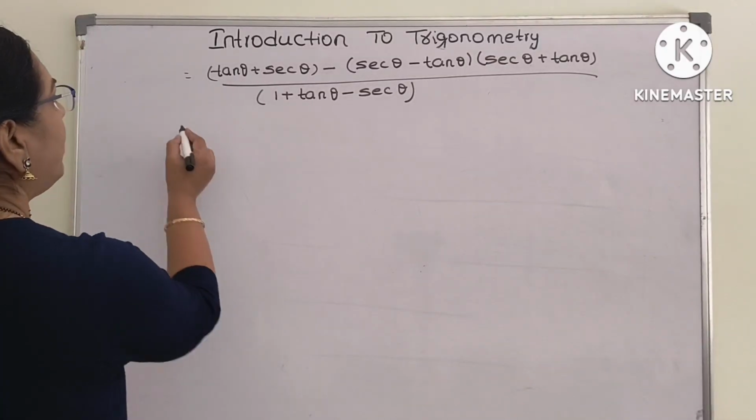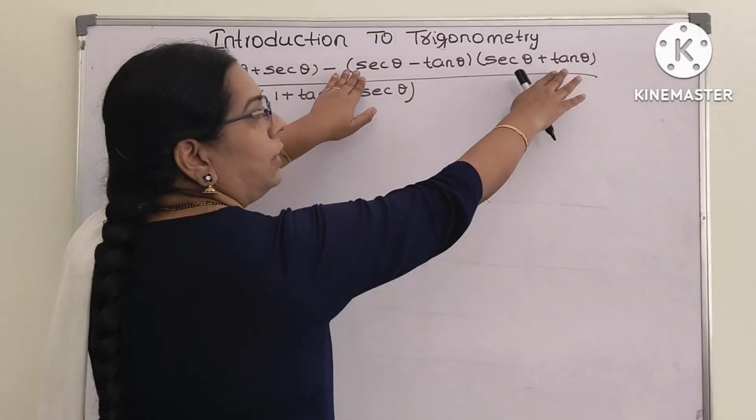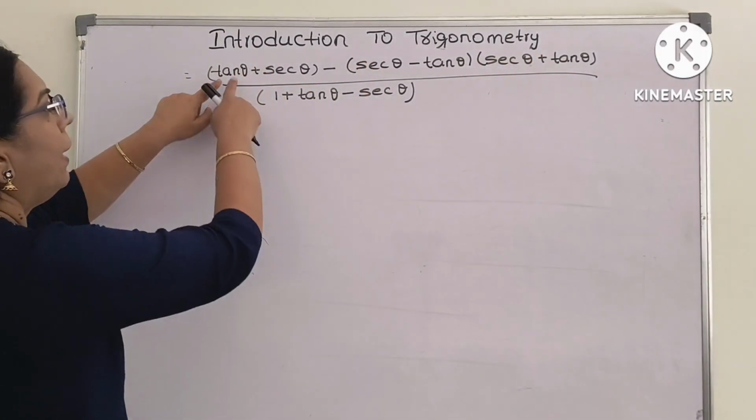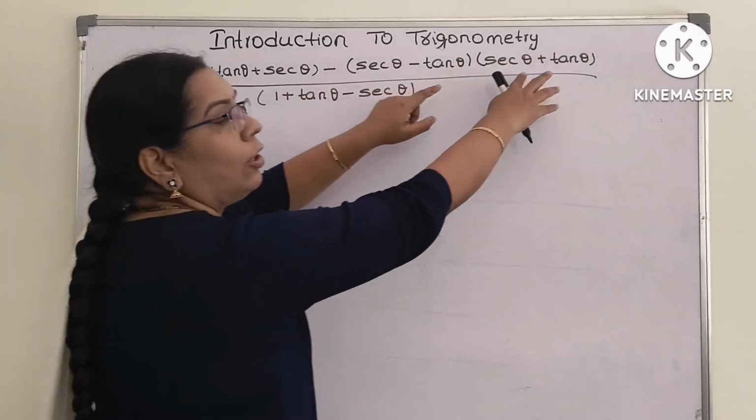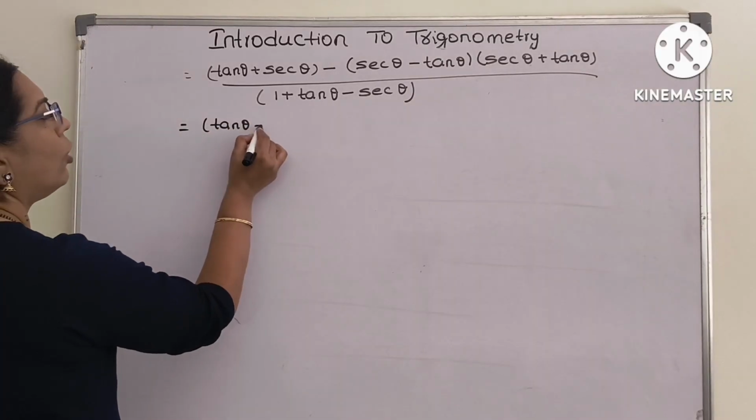Let us continue the step. If you look at the numerator, I have two terms. This is one term and this whole thing is the second term. I have tan theta plus secant theta common in both the terms. So I will take tan theta plus secant theta common.